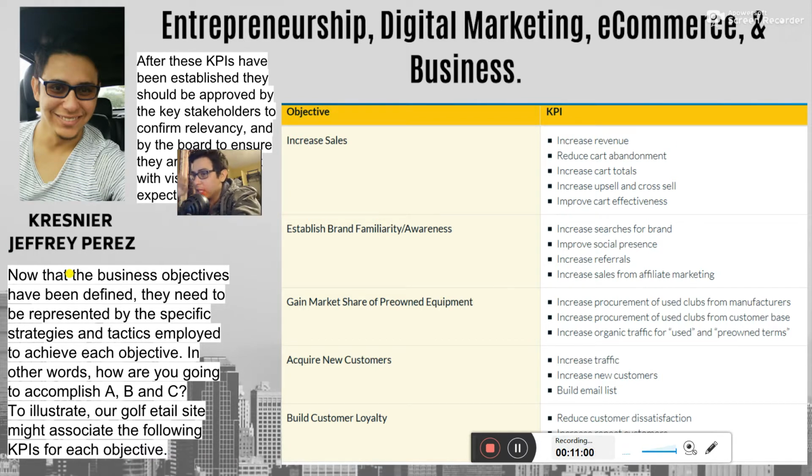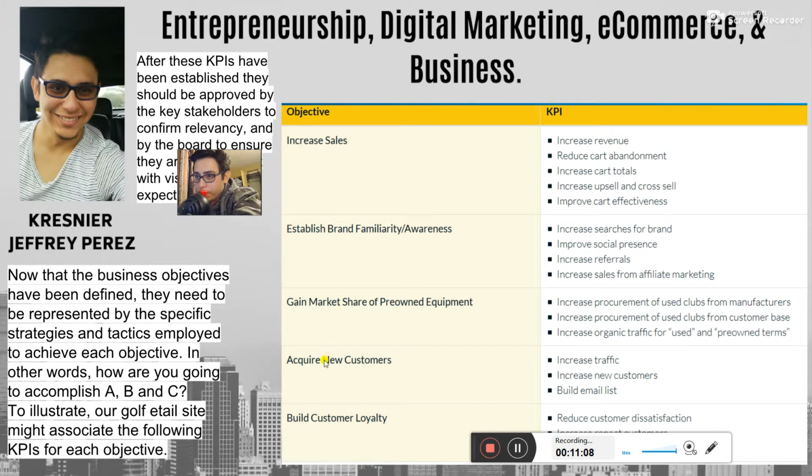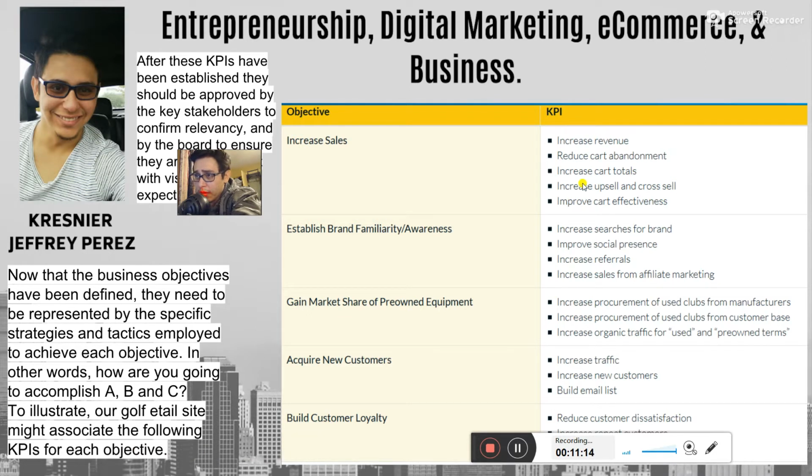So let's look at these KPIs for each objective. So these are the objectives over here: increase sales, establish brand, gain market share of pre-owned equipment, acquire new customers, build customer loyalty. So you will see how those objectives were turned into KPIs.